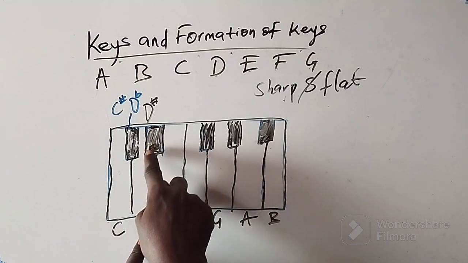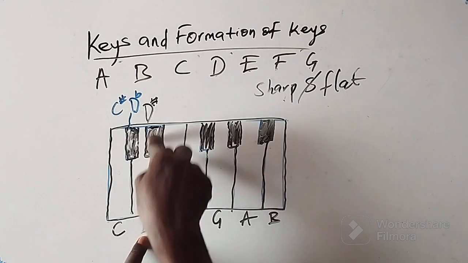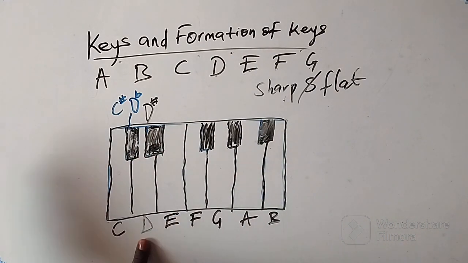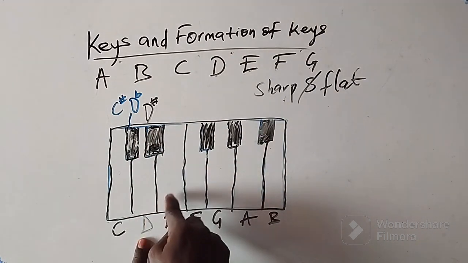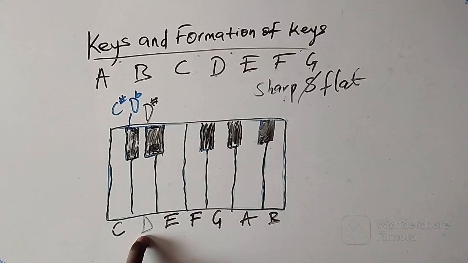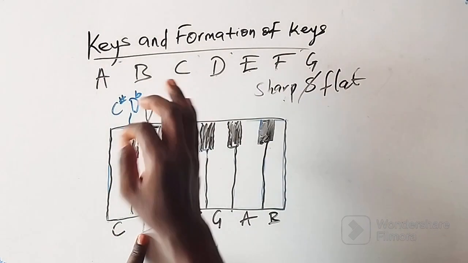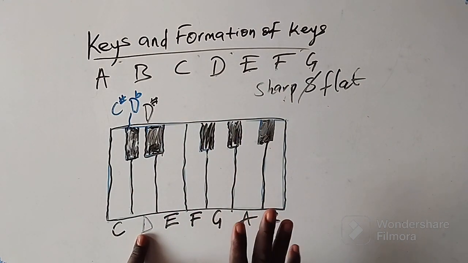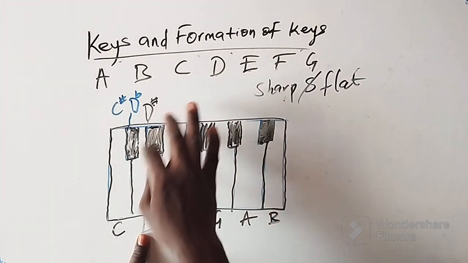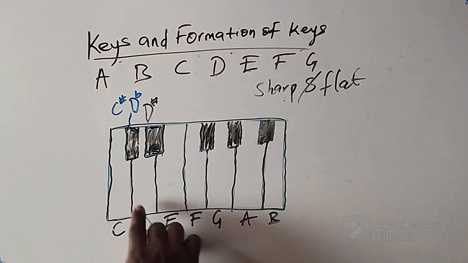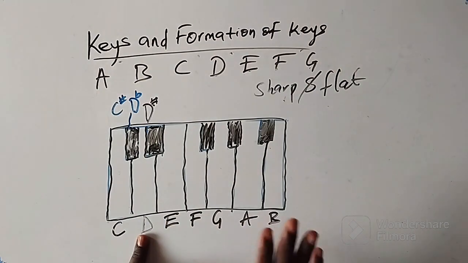So if you are moving like this, you must pass this before getting to this. So key D has this note that sharpens it, and it is independent on its own. It doesn't depend on anything. So that it's bearing the name D sharp doesn't mean that it is D. No, D has its own, D sharp has its own.